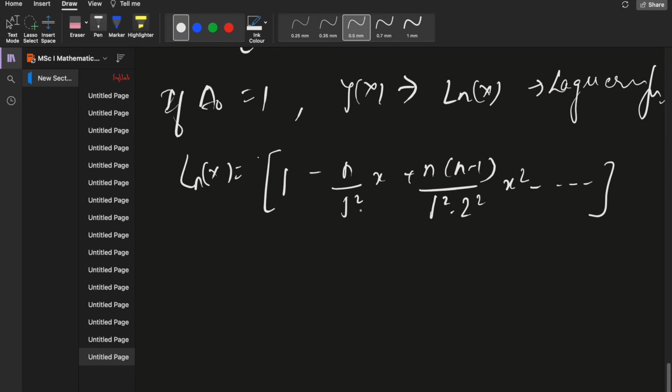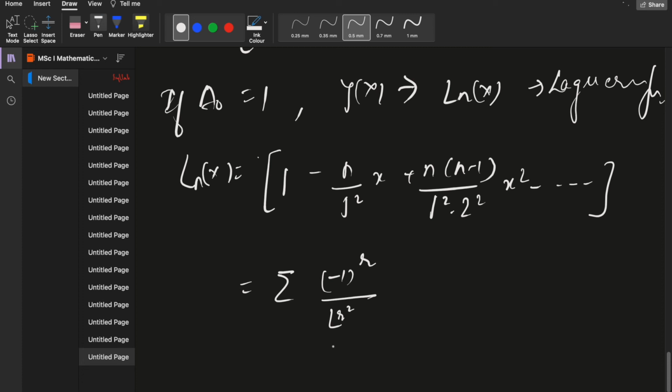Now to sum this up, I know these are alternating terms. First they are negative, then positive, then negative. So this is going to be summation r tends to 0, and in the denominator we have 1 square 2 square, so I can say it's factorial r square.